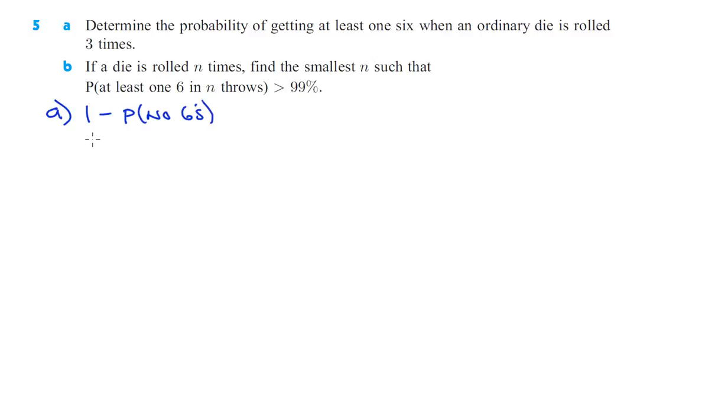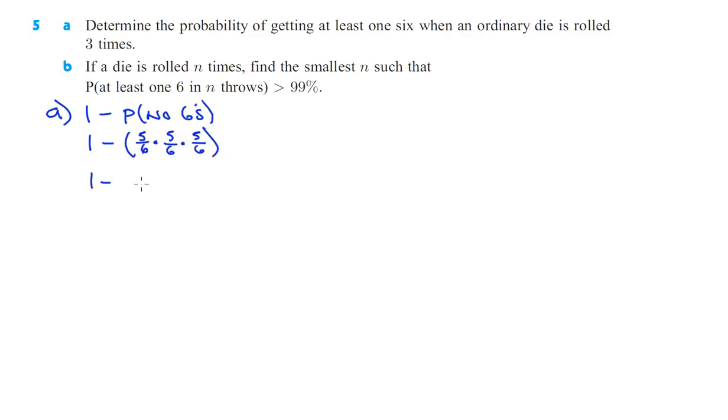So that's simply 1 minus the probability of not rolling a 6. Since we're rolling 3 times, the probability of not rolling a 6 on the first one is 5 out of 6, right? The probability of not rolling a 6 on the second one is 5 out of 6, because they're all independent events. And the probability of not rolling a 6 on the third is still 5 out of 6.